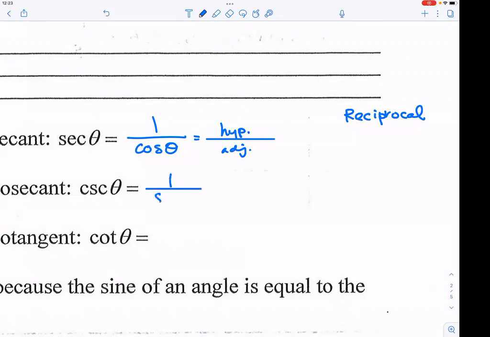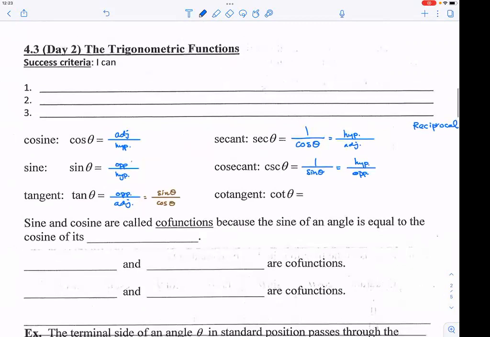Cosecant theta, it's 1 over sine theta, which is equal to hypotenuse over opposite. Okay. Now, here's another question, though. So we need to memorize them, sadly. So how can you make sure that you don't memorize the wrong thing?